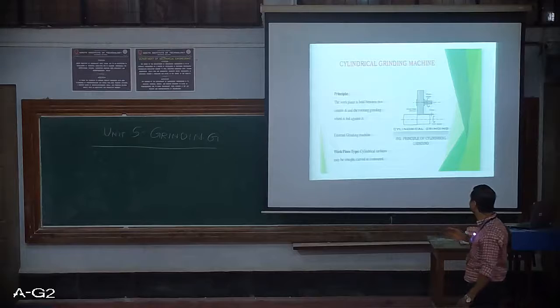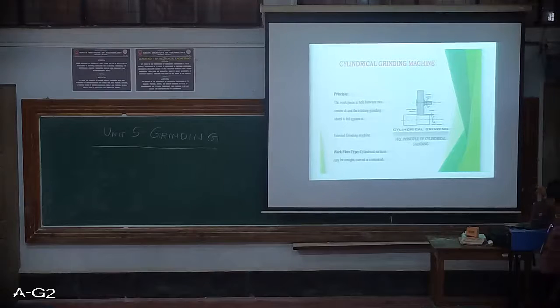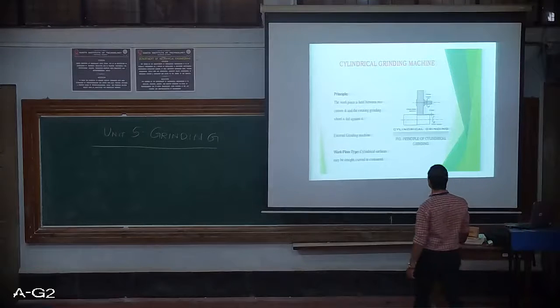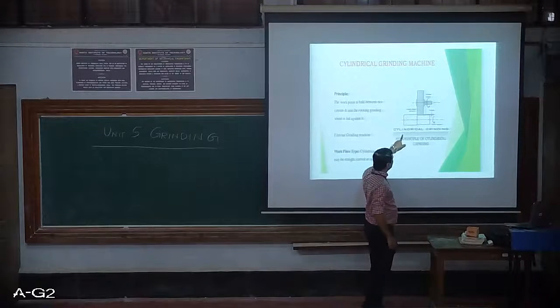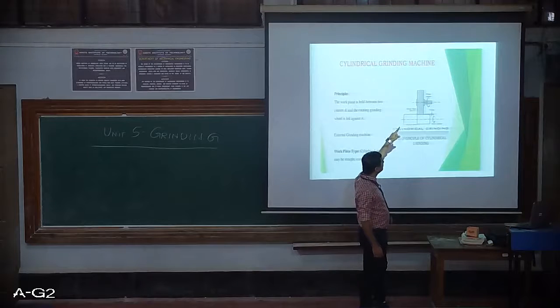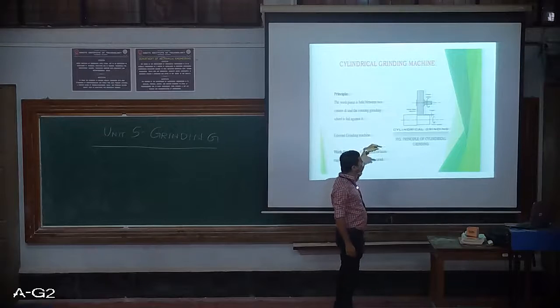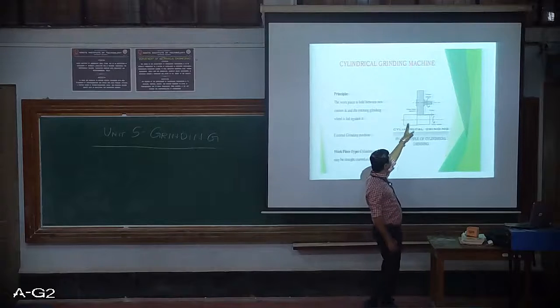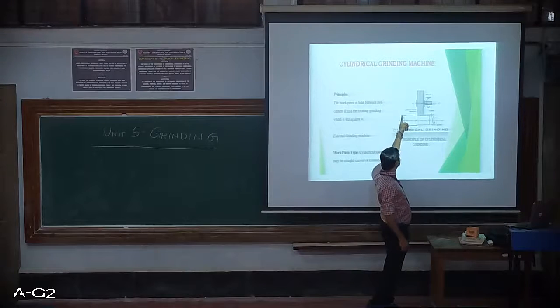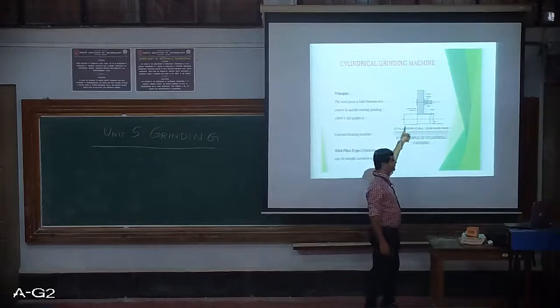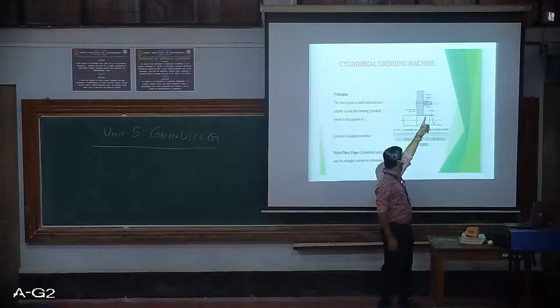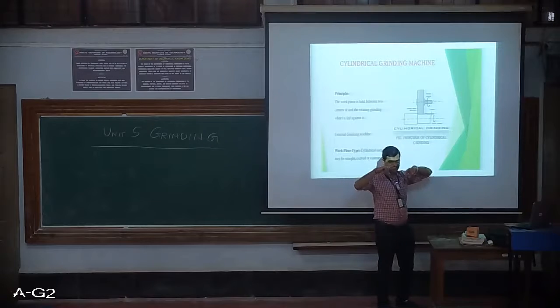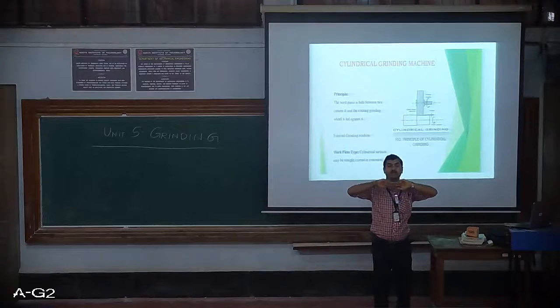grinding machine. You can see the components of this cylindrical grinding machine. You have the grinding wheel, which is revolving at high speed. Then you have the feed of the wheel, in this direction, the x axis, because you can see the two lines which represent the depth of cut.